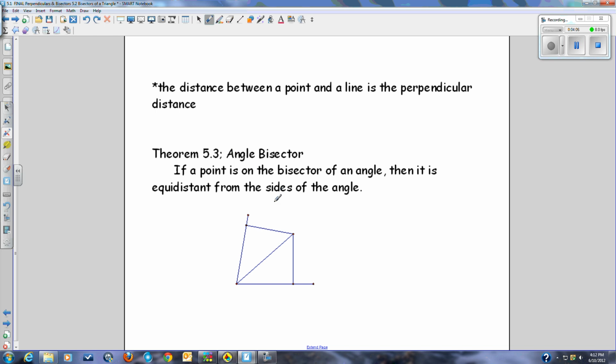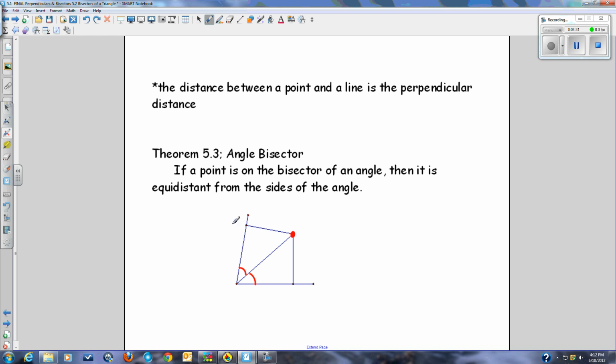So next, theorem 5.3, angle bisector. If a point is on the bisector of an angle, then it is equidistant from the sides of the angle. So here you have this angle. Here we have this bisector here. It's cutting this angle into two smaller equal angles. And here's the point on the bisector of the angle.